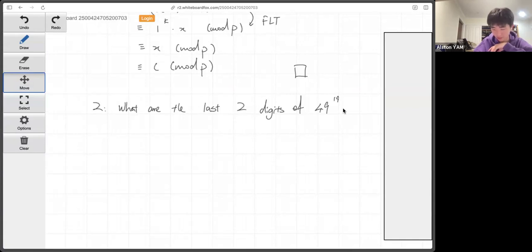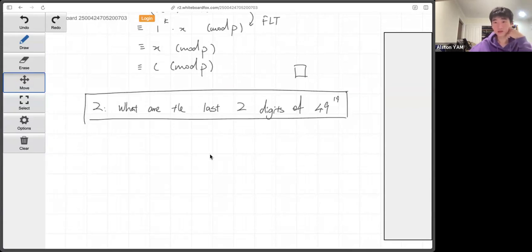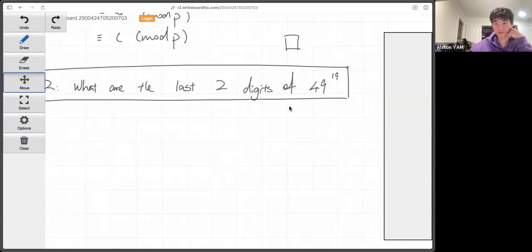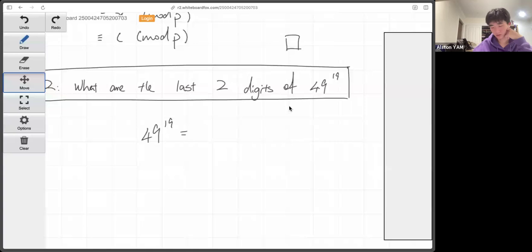So when I see this problem, what I think about is, well, I'm trying to find the last 2 digits. That is equivalent to me finding 49 to the 19 congruent to what under mod 100.